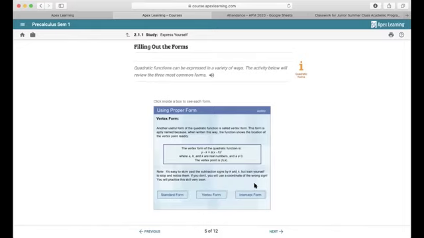And then finally here is the intercept form. This one looks familiar, except this is where we have y equals a times (x minus r1) times (x minus r2). What those r1 and r2 stand for are the x-intercepts on the graph, right?